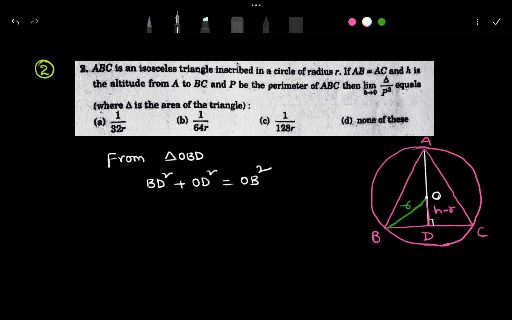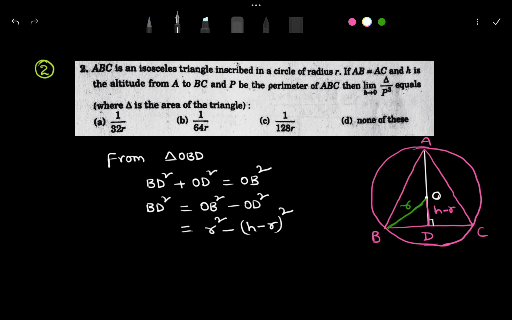Now I want the BD value. So BD square is equal to OB square minus OD square, which is R square minus H minus R whole square.